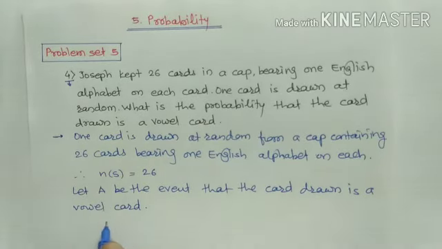We know that the vowels in the English alphabet are A, E, I, O and U. Therefore number of A equals 5. Or we could have written here that there are 5 vowels in the English alphabet. Therefore number of A equals 5.